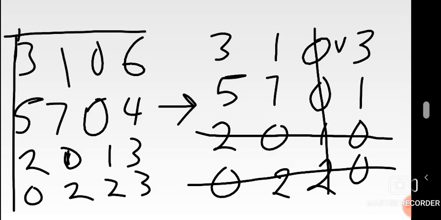What do we do? We proceed. Before we proceed, the rule is that you change this matrix before you repeat the same process.